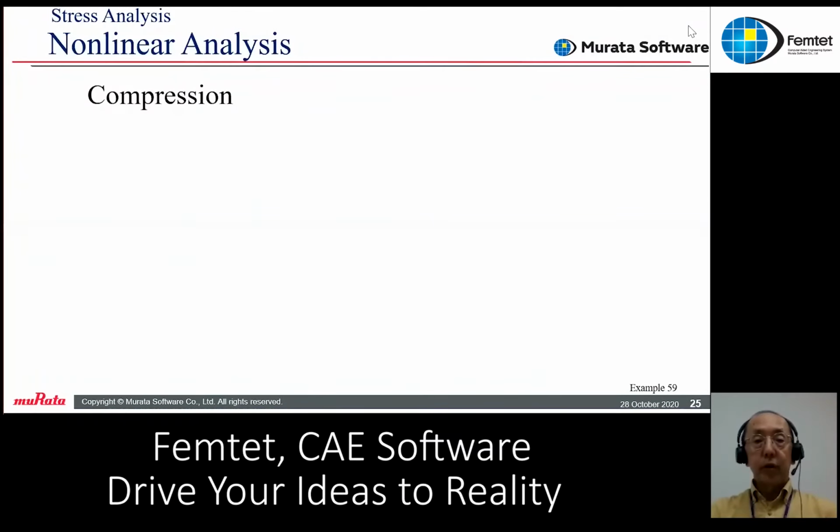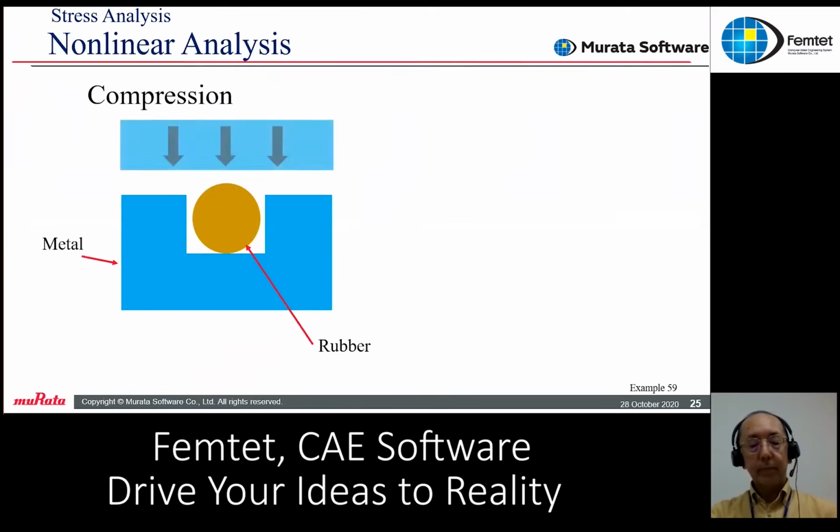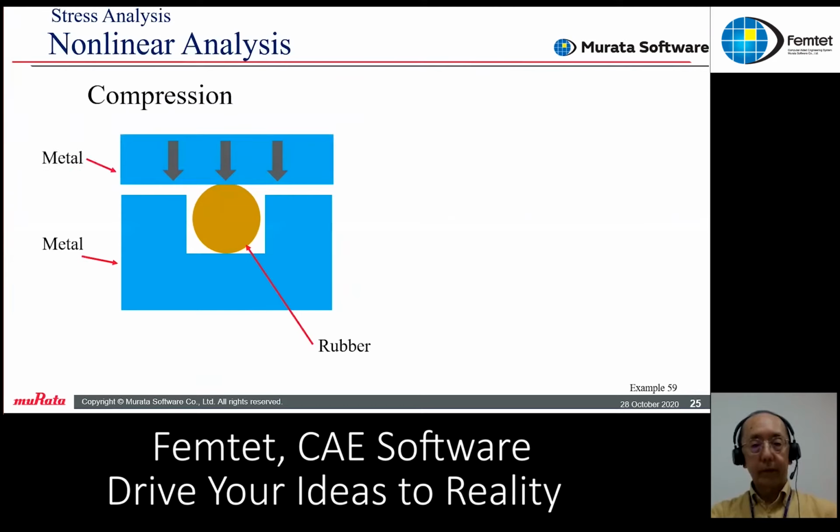Now, let me show you 2 examples of the nonlinear analysis. First, compression. Here is a cross-section of an analysis model, a metal with a groove on the surface. We put an object in the groove. The object is made of rubber, and we apply compression from above.